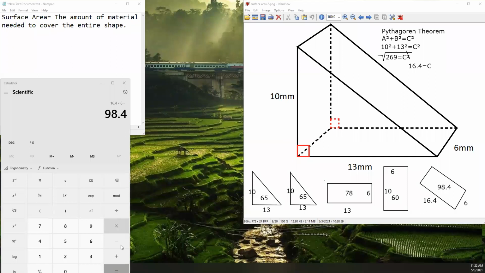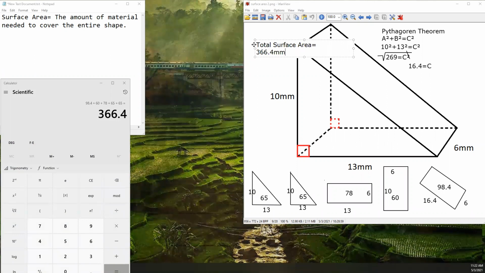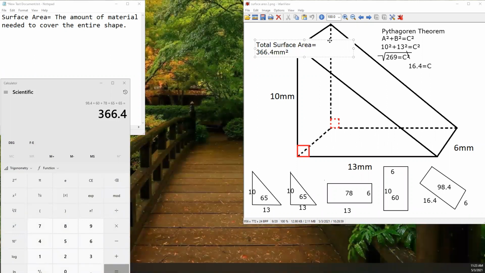So 98.4 plus 60 plus 78 plus 65 plus 65 equals... and our total surface area is 366.4 millimeters squared.